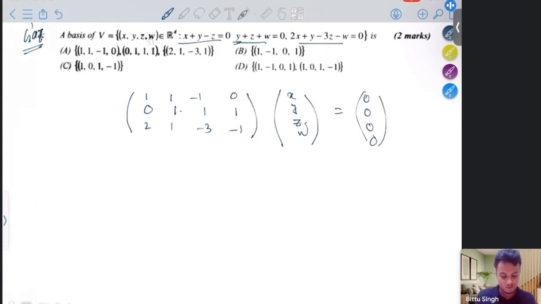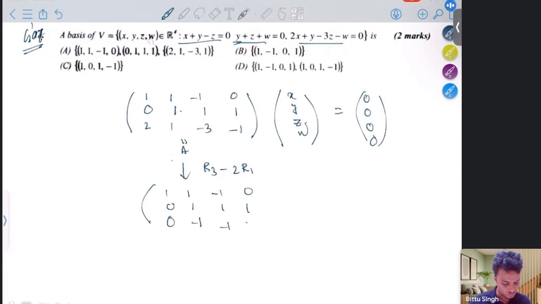We have written them in matrix form, now denoted by A. We need to find the dimension of the null space. So we use row reduction: R3 minus 2 times R1 gives 1 1 minus 1 0, 0 1 1 1, and the last row becomes 0, then minus 1 minus 3 plus 2 minus 1, and again minus 1 times 0.